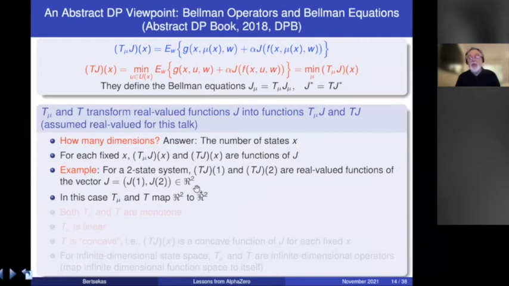This is a vector in R2. And TJ has two components. It's also a vector in R2, the components TJ of 1 and TJ of 2. So even for a two-state system, we have an operator that maps two-dimensional space to two-dimensional space, so you need a four-dimensional graph to represent it. That poses a little bit of a problem.